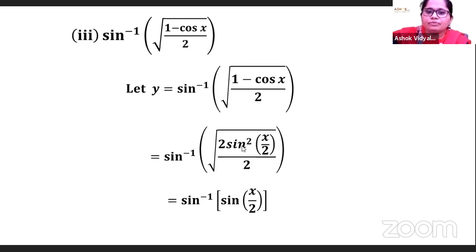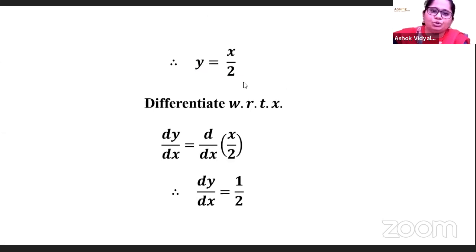The under root of sin²(x/2) is sin(x/2). Hence, our y function is sin⁻¹(sin(x/2)), and here x/2 is in the principal domain of the sine function. Hence, y = x/2.